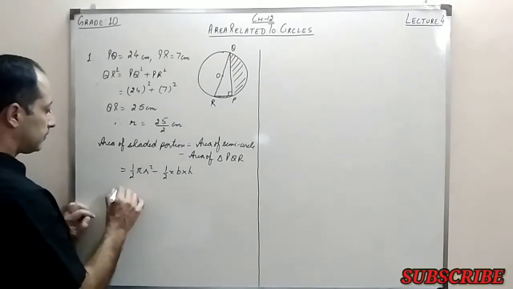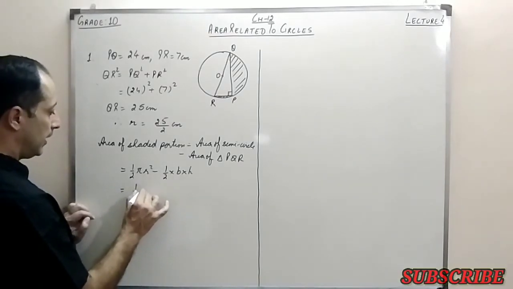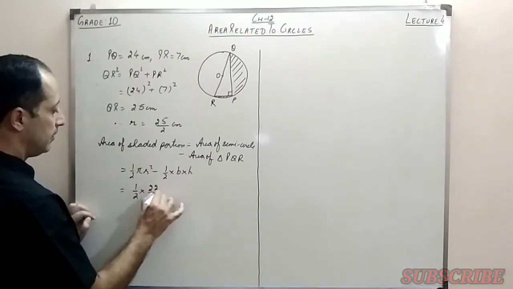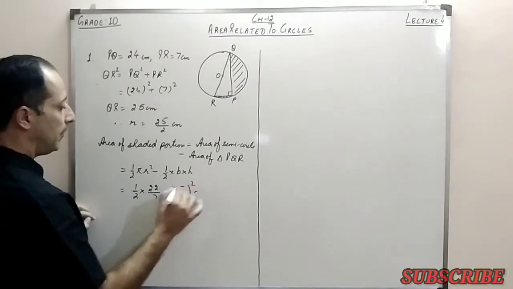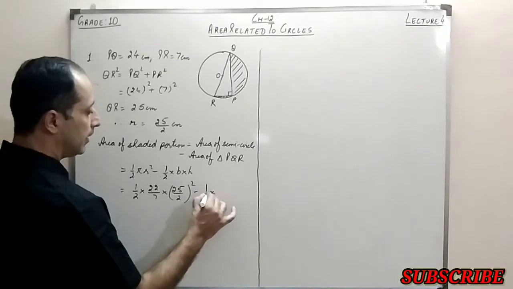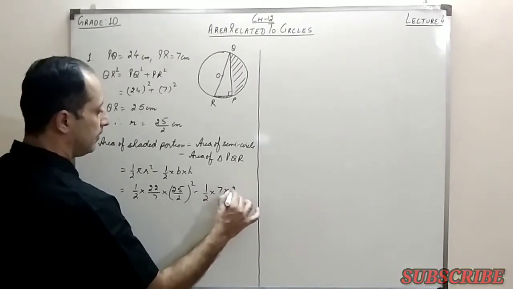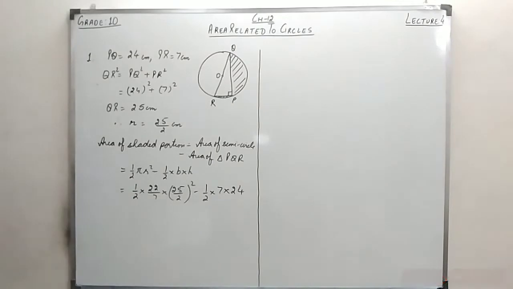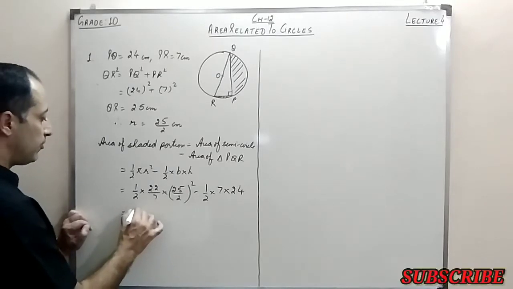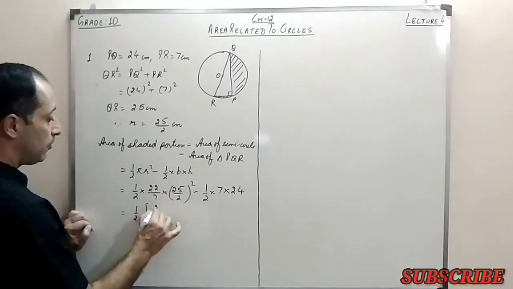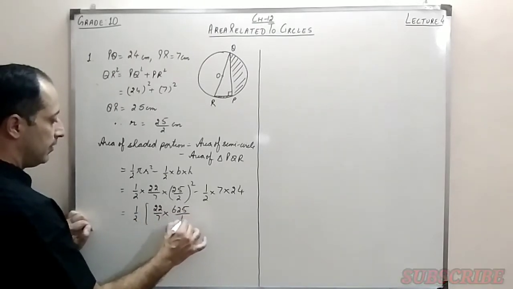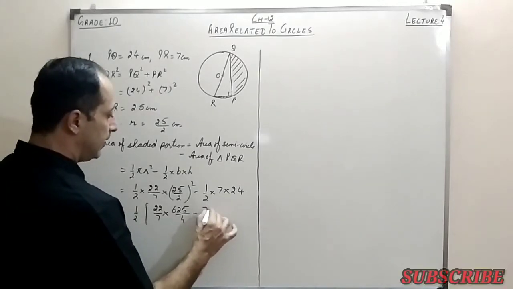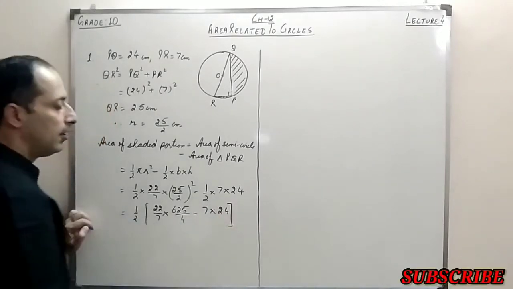Now this is 1 upon 2 into 22 by 7 into 25 upon 2 whole square, minus 1 upon 2 into 7 into 24. Now we need to simplify this thing. So here, 1 by 2 can be taken as common in both. So this is 22 upon 7 into 625 by 4, minus 7 into 24.